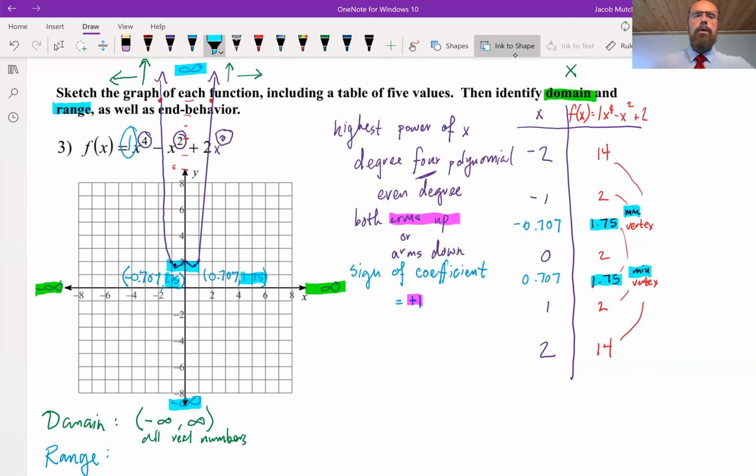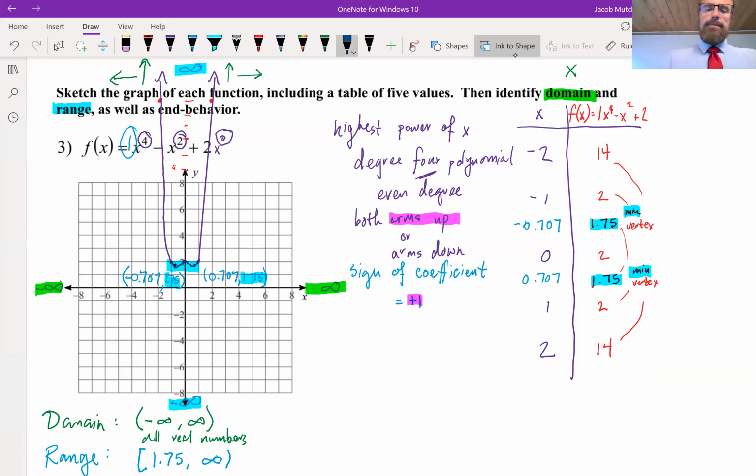And that tells me where my range begins. So I do need to begin with a bracket, because that function actually equals 1.75 on the low side. And then on the upper side, because I've got those arrows both pointing up, I would say that the range continues to positive infinity. Close that out with a parenthesis.